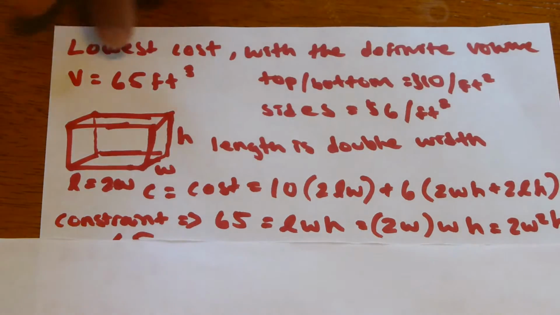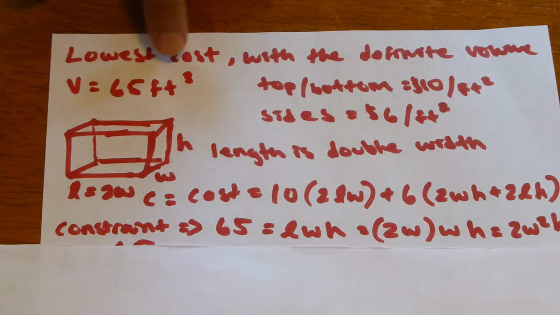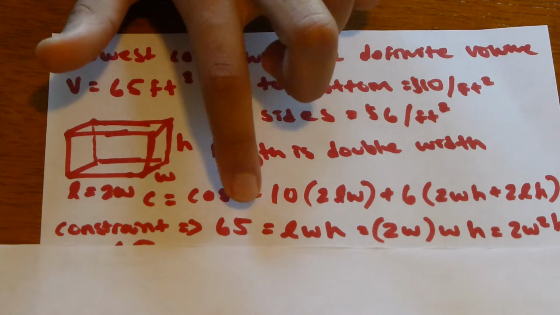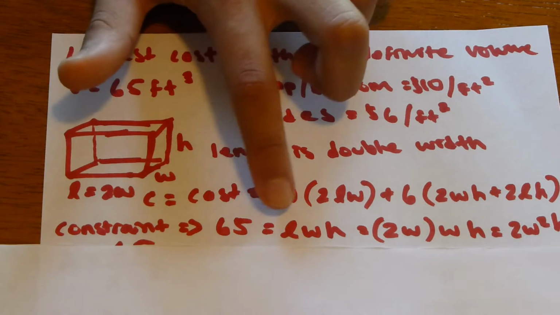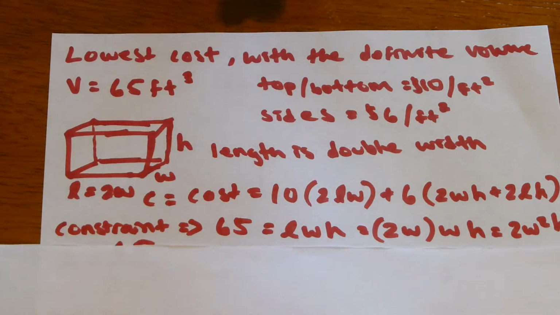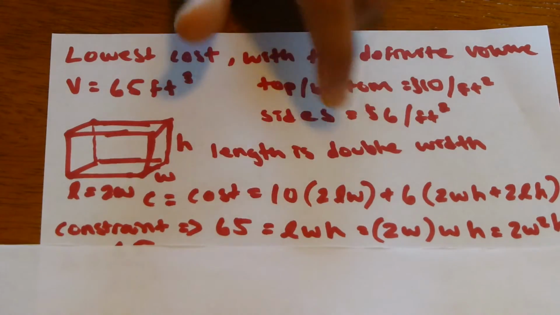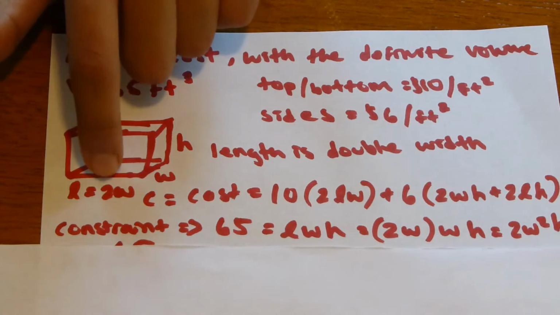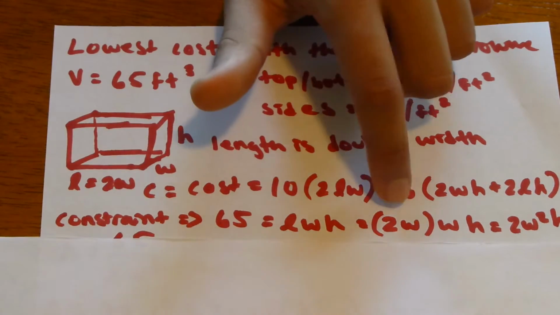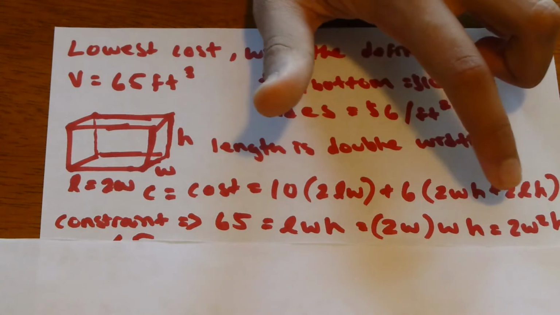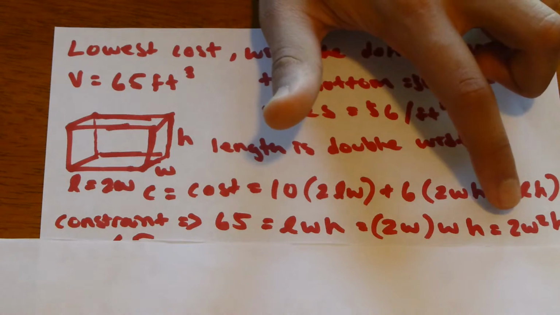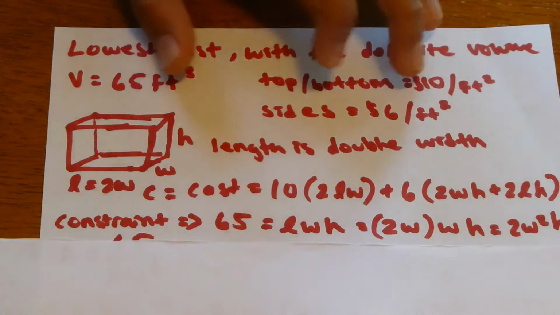Now our constraint is given as the volume of 65 feet cubed. Now 65 feet cubed is equal to length times width times height. In this case, we can plug in our length, which is given as 2w, and we can simplify to where the 65 is equal to 2w squared times height.